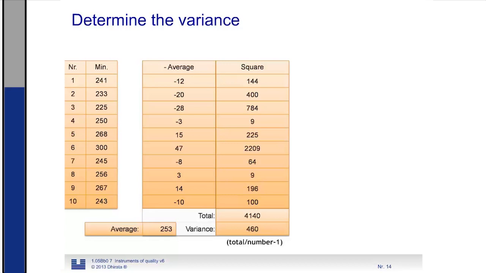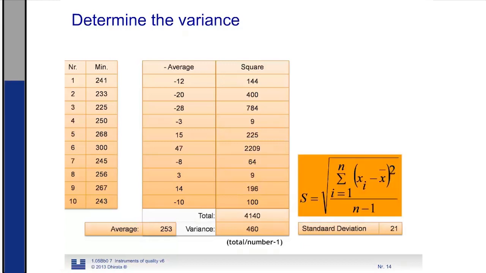Now you can say, because we've got everything squared, this is not a good measure. Well, we then take the square root of this number, and this will give us what statisticians call the standard deviation. Variance and standard deviation are beautiful measures of the dispersion around the average. For the enthusiast, I put down now the mathematical formula for calculating the standard deviation.